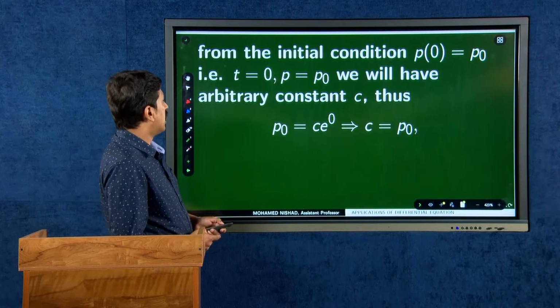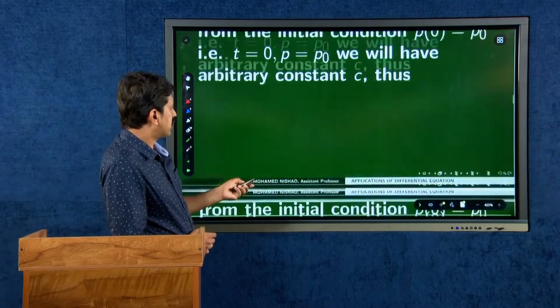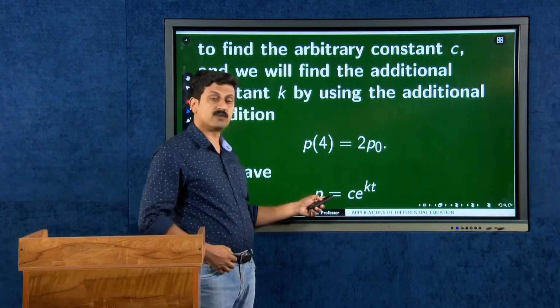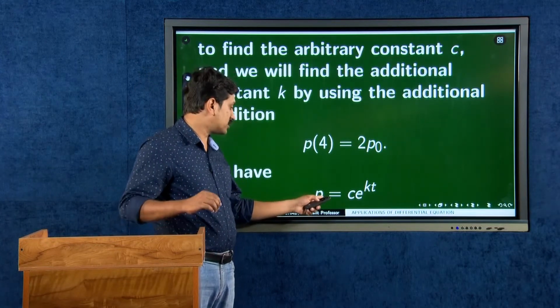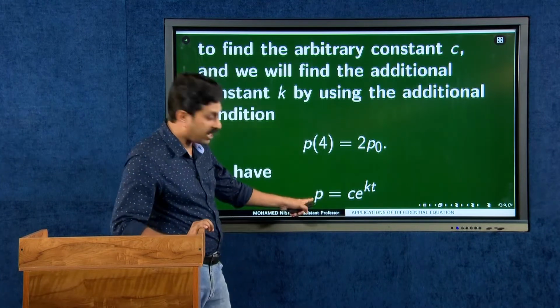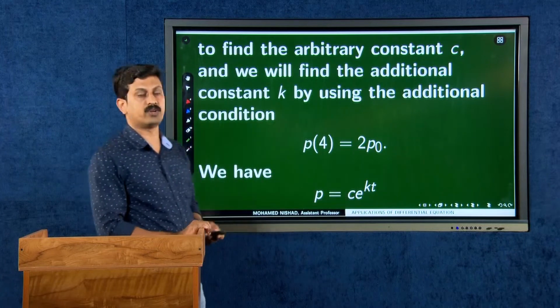We have P of 0 equal to P naught, that is P naught is equal to c e raised to 0. So, c e raised to 0, e raised to 0 is 1, therefore, c is equal to P naught.